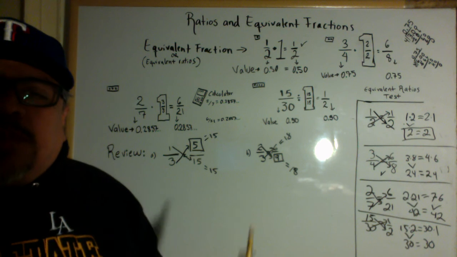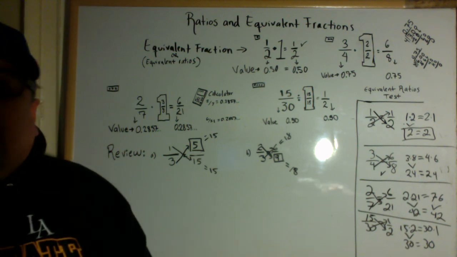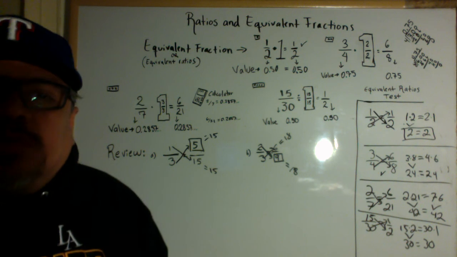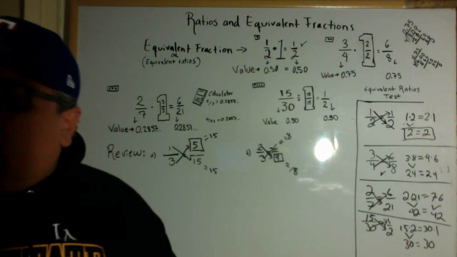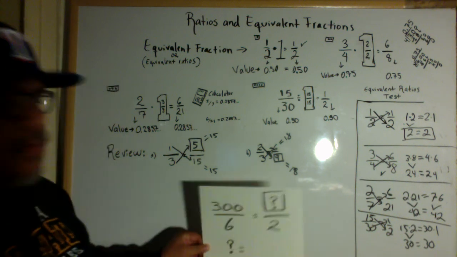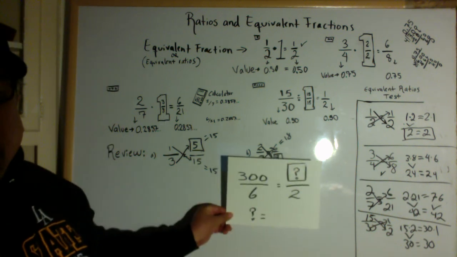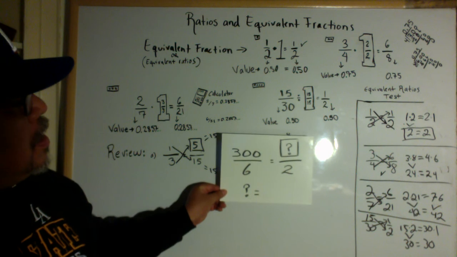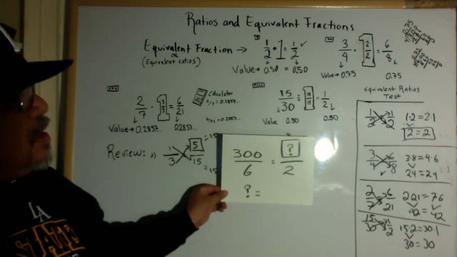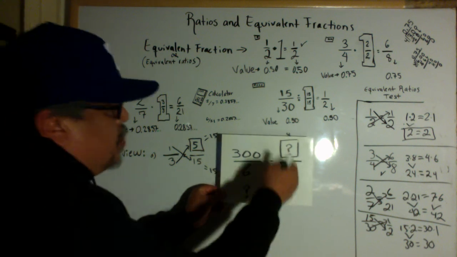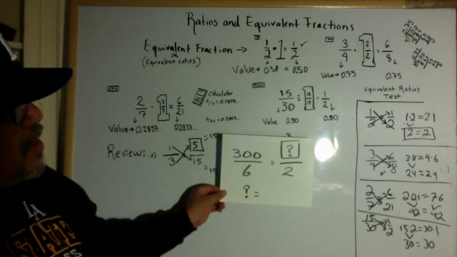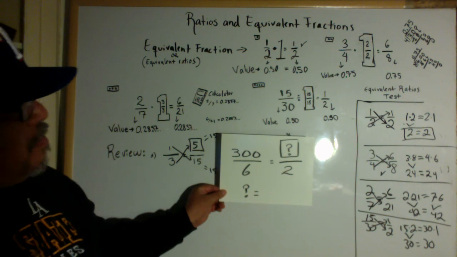Now we're going to be using this property of equivalent fractions to be able to solve problems. Problems such as this problem that has 300 over 6, right? I'm missing a number, and I have a number right here. Something over 2. Well, this could be a problem related to miles per hour.